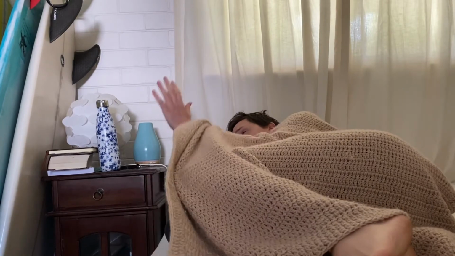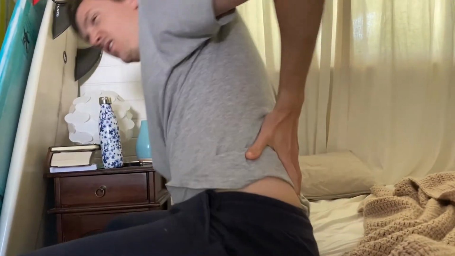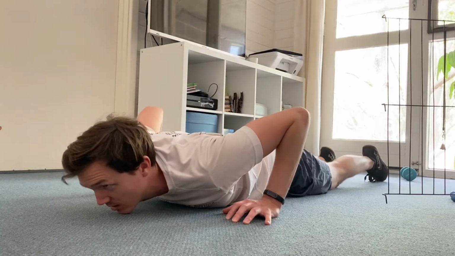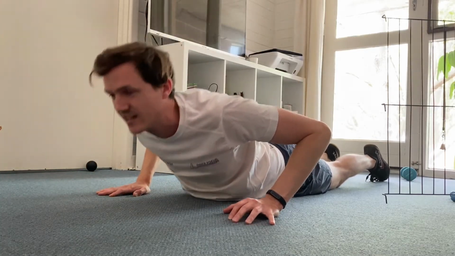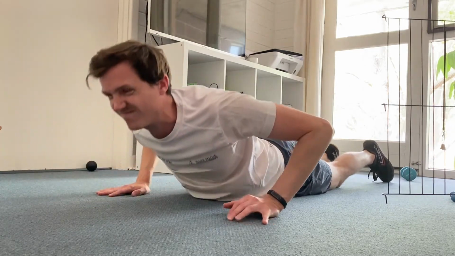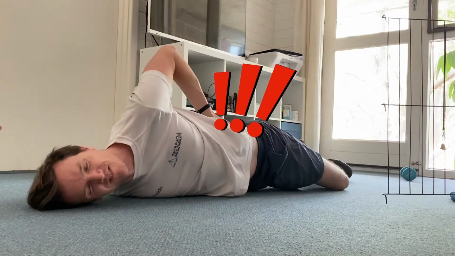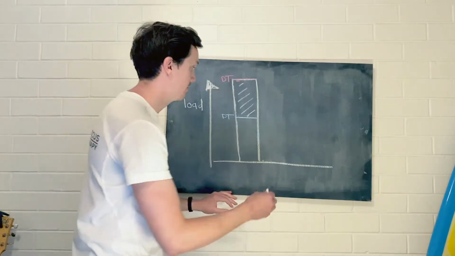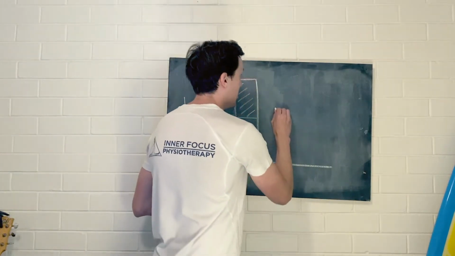You wake up the next morning, hit your alarm, go to get out of bed, and your back is very sore. In this instance, even very small movements of your back, things that aren't really dangerous at all, might be really painful. Let's go back to the graph. Let's draw another box.